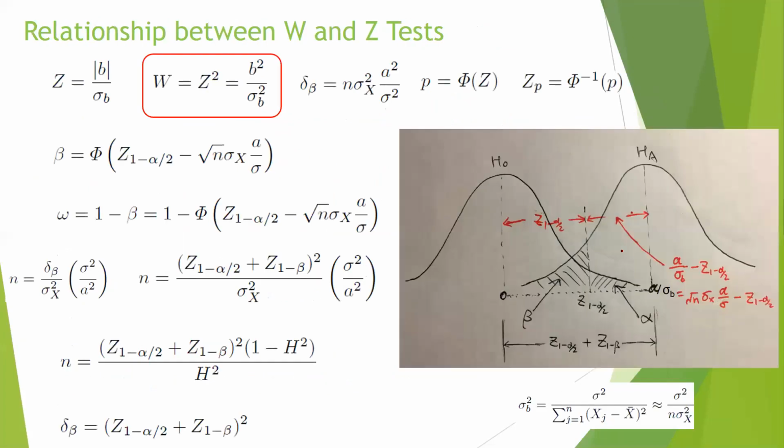Okay, so we have talked about the relationship between the Wald test and the z test. The Wald test is a chi-square test. At the beginning of today's lecture, we spent some time discussing the relationship between the chi-square and a normally distributed random variable.